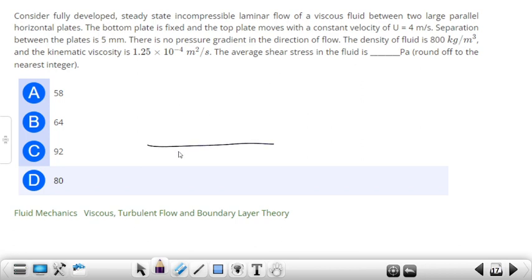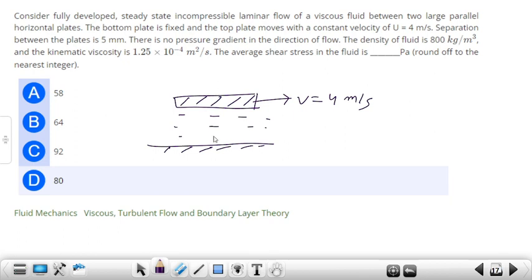So here the plate's upper layer is moving with velocity given as 4 meter per second, and this is the fluid having density 800 kg per meter cube and kinematic viscosity 1.25 into 10 to the minus 4, and the distance between the horizontal and top plate is 5 mm, equal to h.